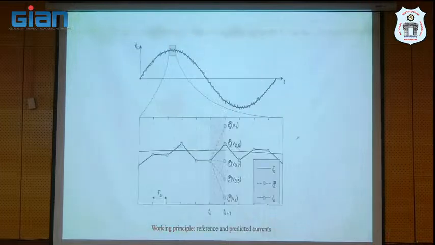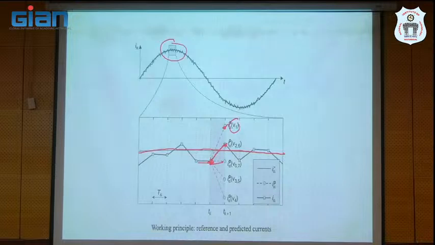See here, focus on this current waveform. This is the current instant. If you select V2, this is the change in the current. If you select V2 or V6, this is the position of the current. This is our reference current, and this is the actual current. At the kth instant, we are predicting which voltage vector will produce the minimum current error.